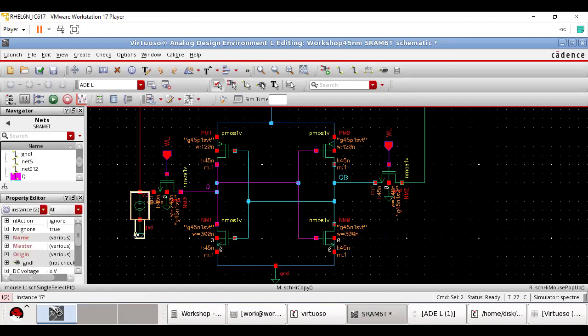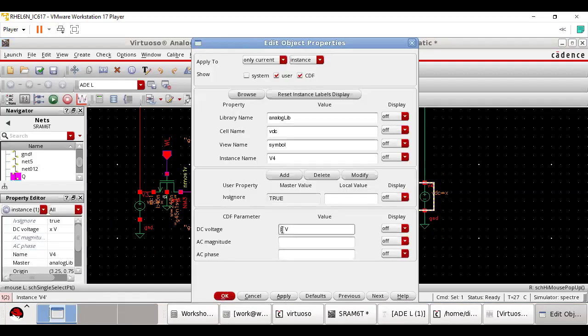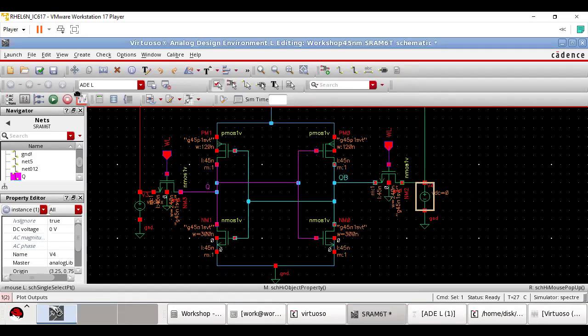And on the other side, I'll give 0 potential. So one side high, one side low. And wherever you give the high, you have given a high over here. So Q will become 1 and QB will become 0.